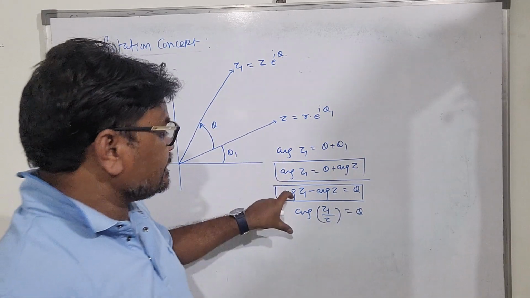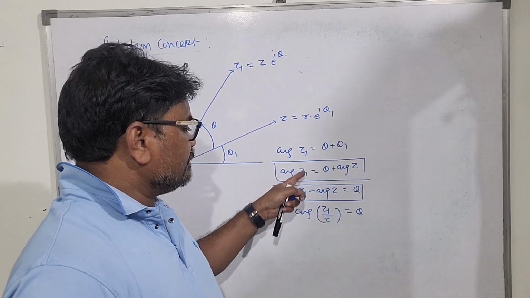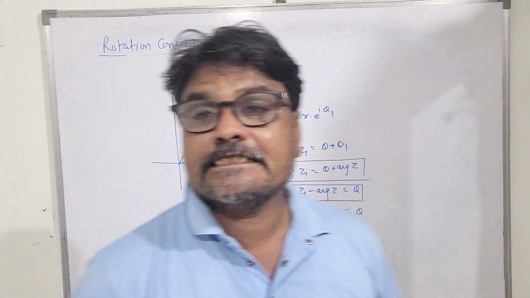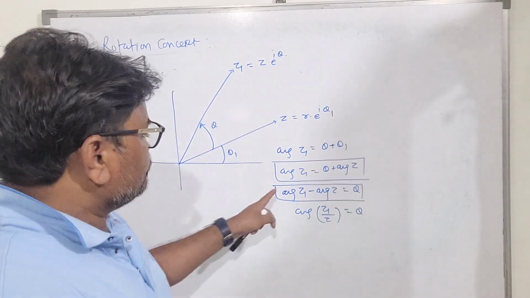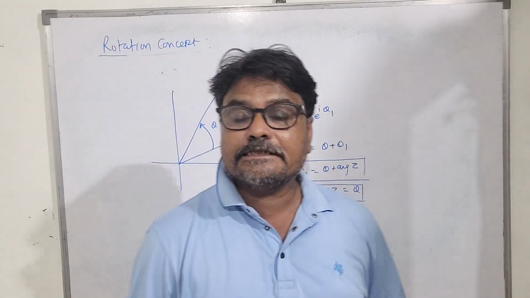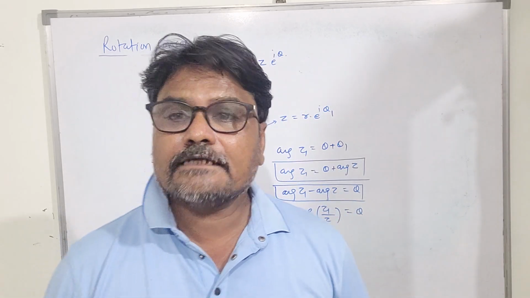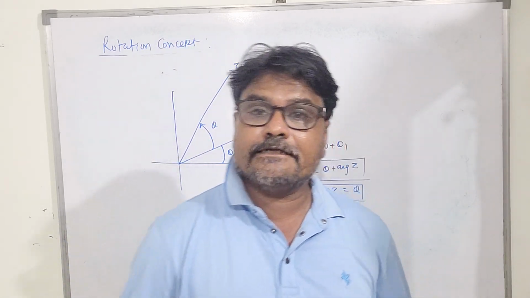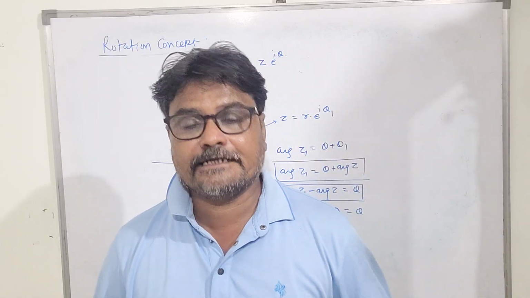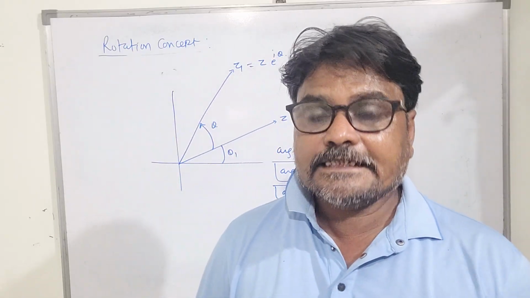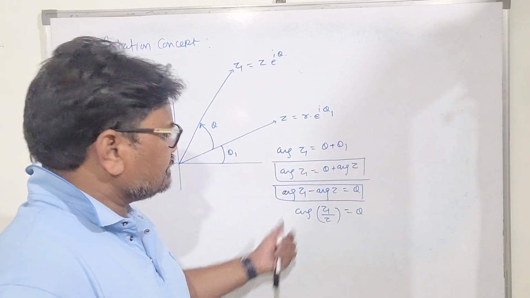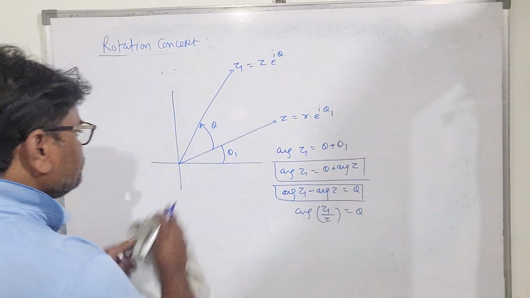So you have to understand that argument of Z1 equal to argument of Z plus theta, that is, the angle between Z and Z1 is theta. Complex number Z is being rotated in the anti-clockwise direction by theta degree to get the new complex number Z1. Like that you have to understand it.